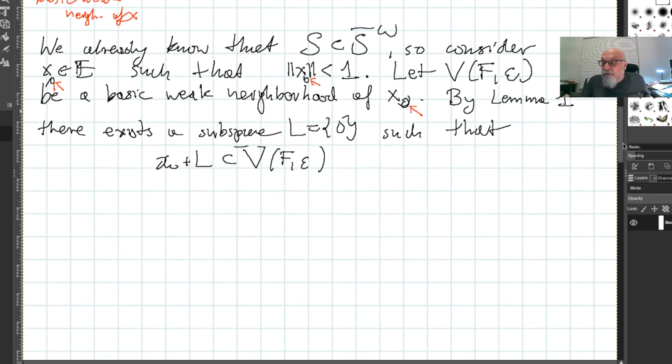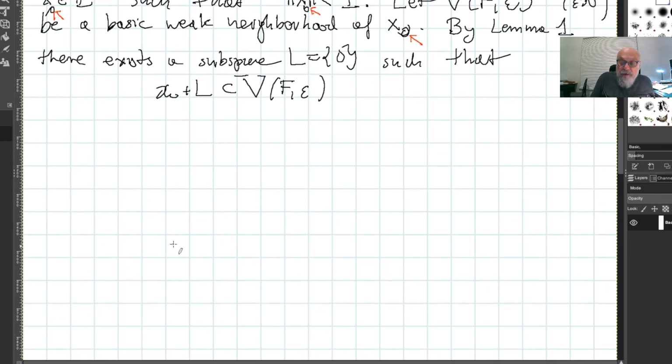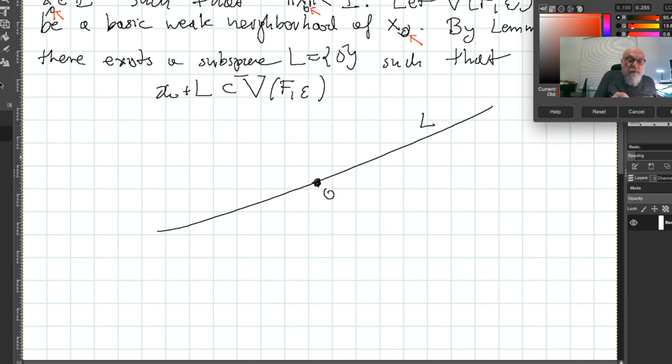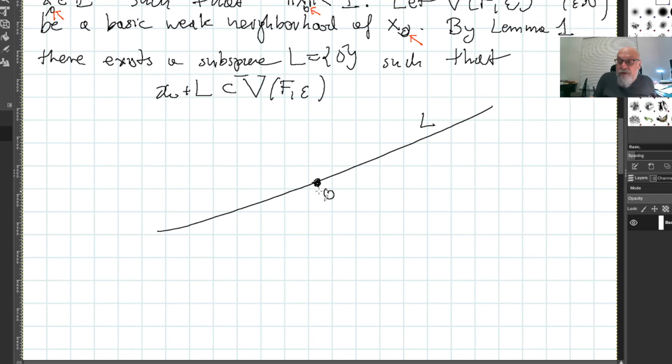Let me make a picture. This is 0, this is my subspace L, and here I have the unit ball. This is my space E, and this point x naught is here.